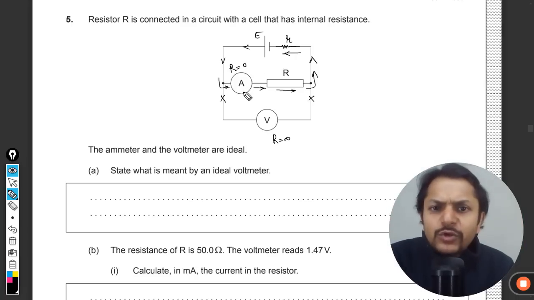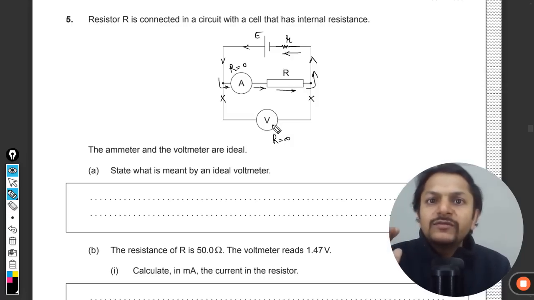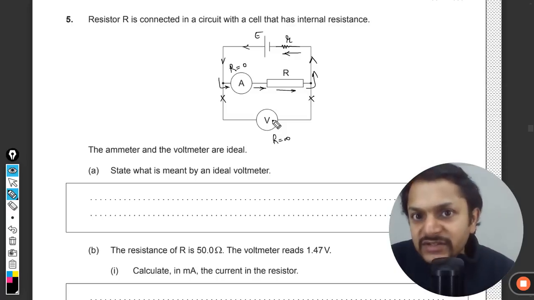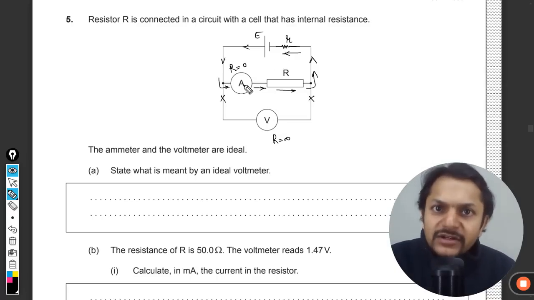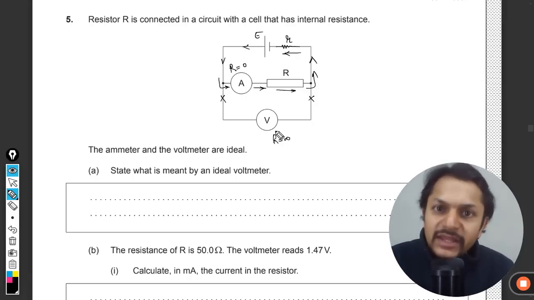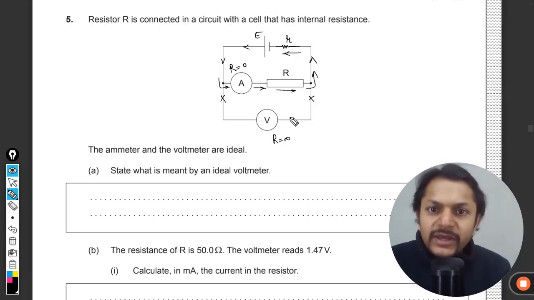The ammeter gives the reading for the current passing through the resistor R, and the voltmeter gives the potential difference across the resistor. But for the ammeter the resistance is taken as zero, and for the voltmeter the resistance is infinite. So the current in this branch will be zero.